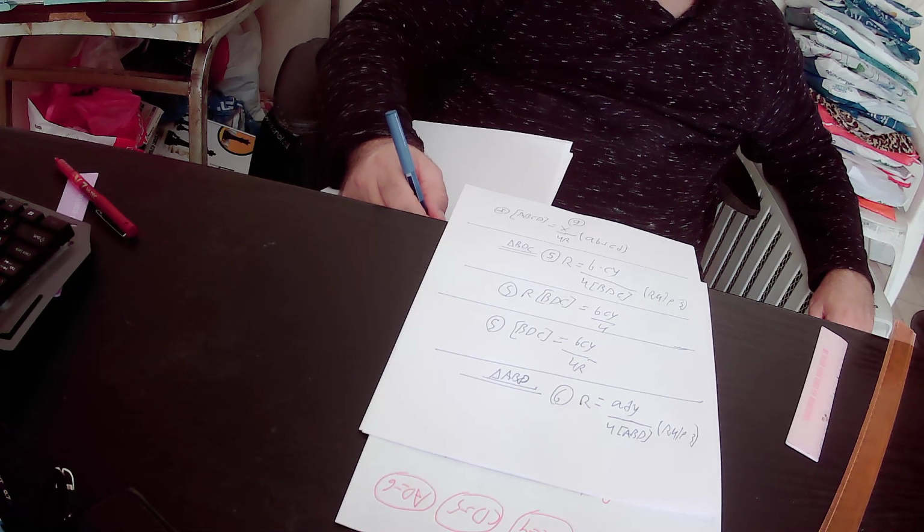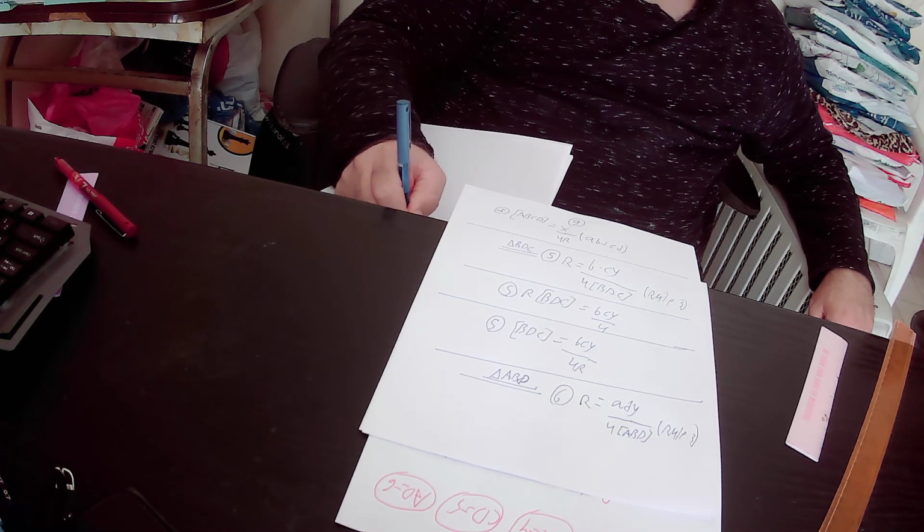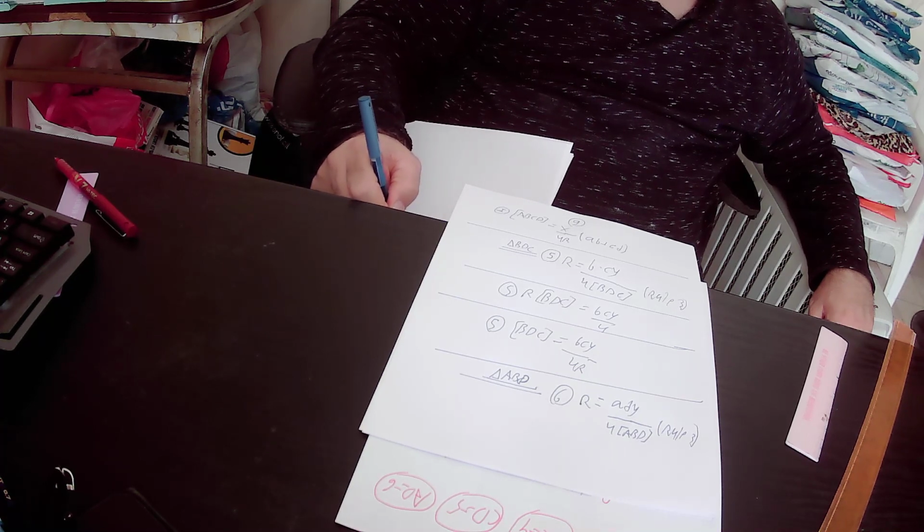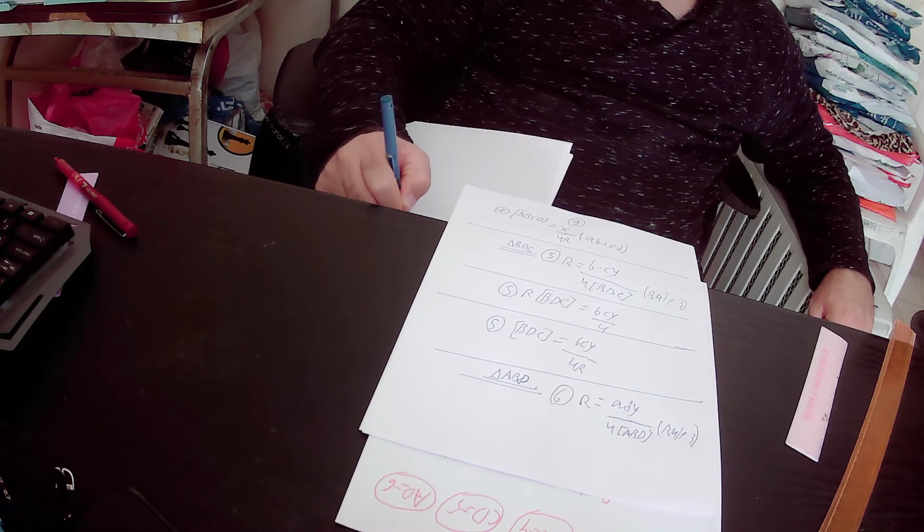R times the area of triangle ABD equals ADY over 4.